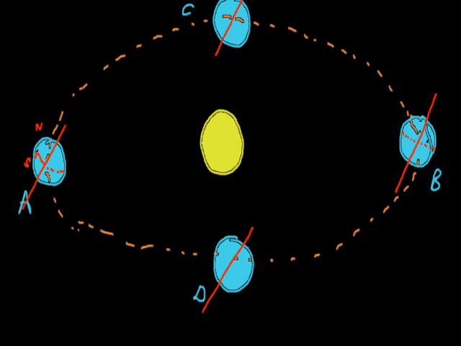But when you consider the location A, we can see that this inclination is of north pole towards the Sun. That causes a non-uniform distribution of Sun's energy on Earth.